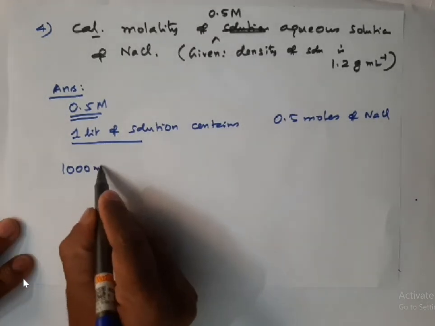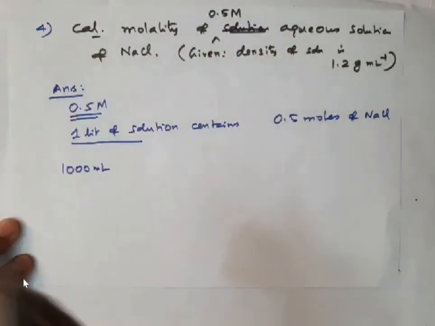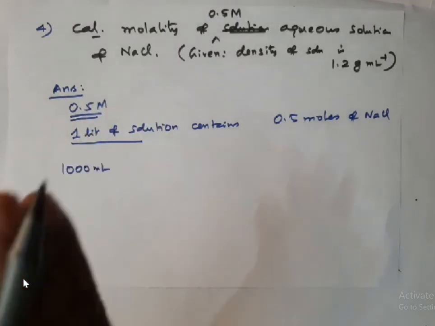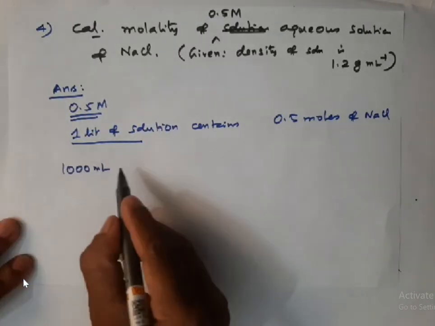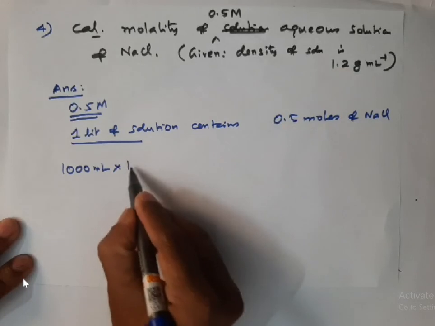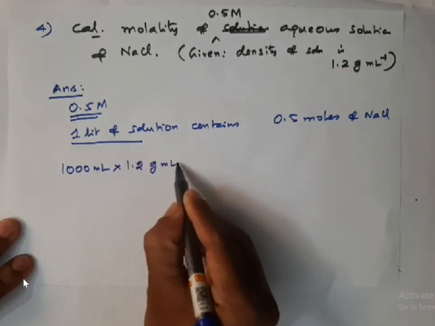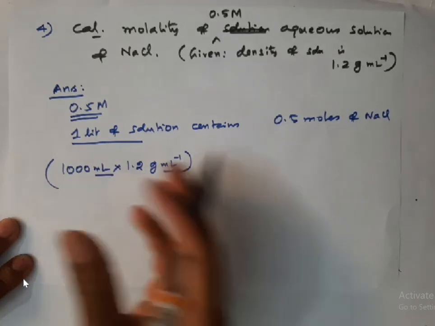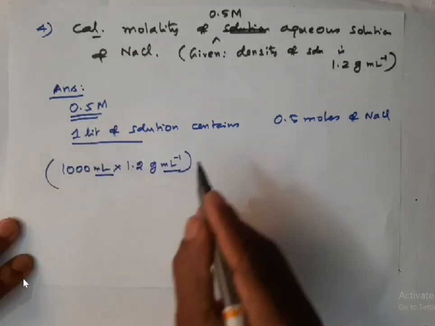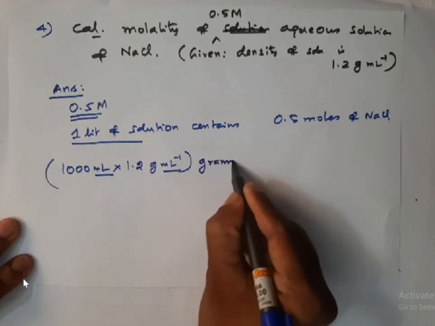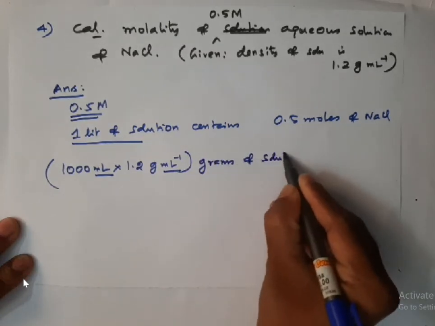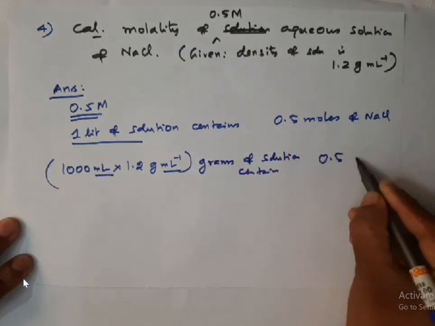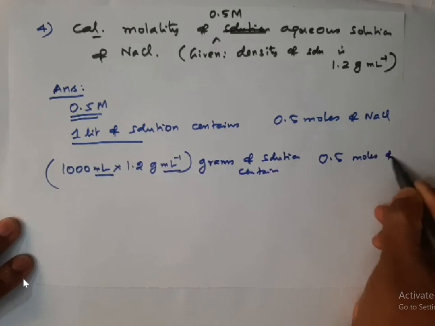To convert volume into mass, you know mass is equal to volume into density. So now we have volume, multiply this by density. Density is 1.2 gram per ml. So the ml and per ml cancel, you will get the answer in grams. So you will get this much grams of solution containing 0.5 moles of sodium chloride.